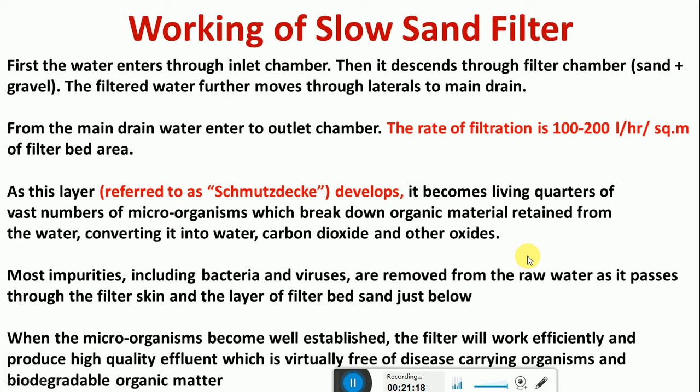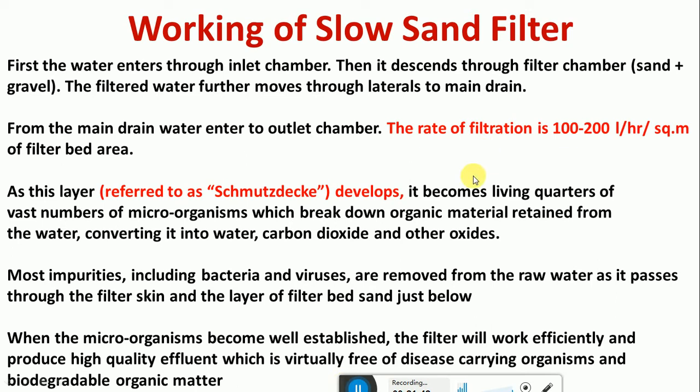Most impurities including bacteria and viruses are removed from the raw water as it passes through the filter skin and the layer of filter bed just below. When the microorganisms become well established, the filter will work efficiently and produce high quality effluent which is virtually free of disease causing organisms and biodegradable matter.